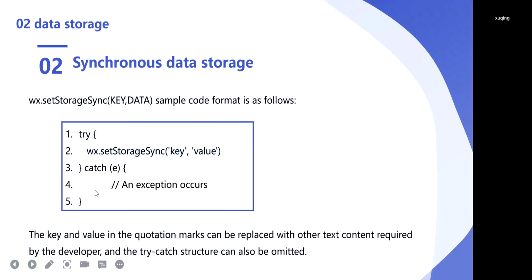And then we have a sample code for this set storage synchronous method. You see the key and value in the quotation marks can be replaced with other text content prepared by the developer, and the chain cache structure can also be omitted.